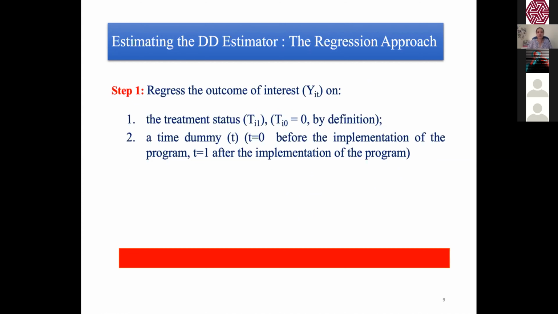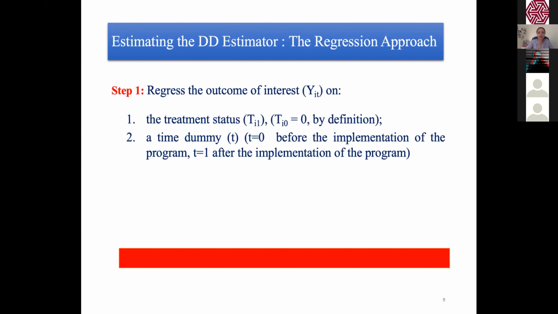The first one is the treatment status. T_i1 is the fact of being treated at period 1, after 2015 in the Takaful example, and in all cases T_i0, before 2015, will be 0. Before 2015 there was no Takaful program and no one was benefiting from Takaful.